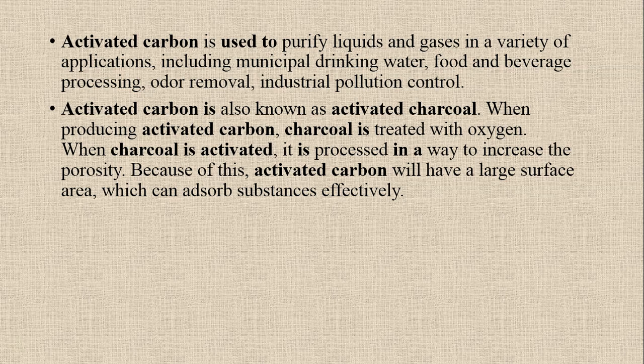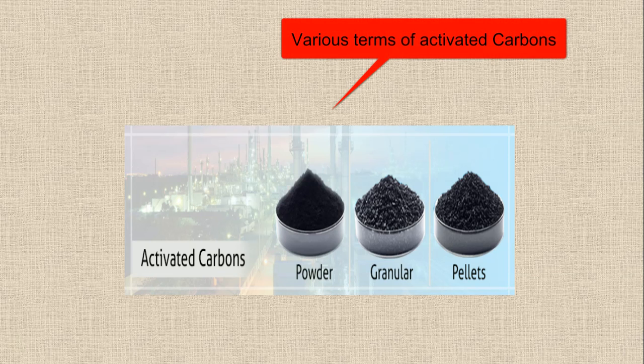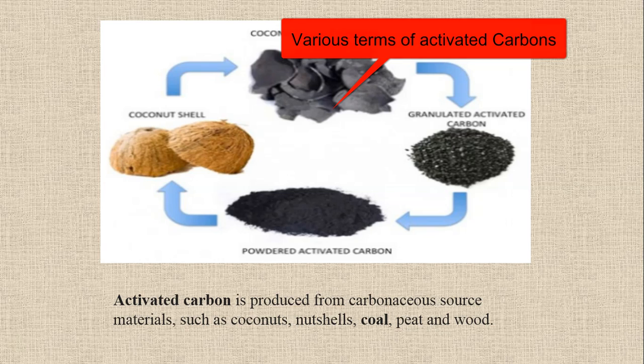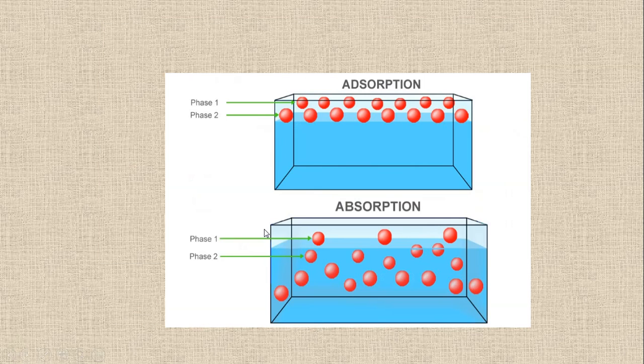That's why we are going for activated carbon. The various forms of activated carbon are powder, granular and pellets, and here we see how it reaches that stage from coconut shell to coconut shell charcoal, from there to granulated, and from the granular stage to the powdered stage.